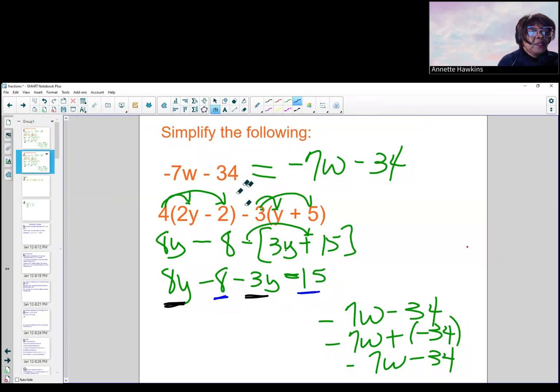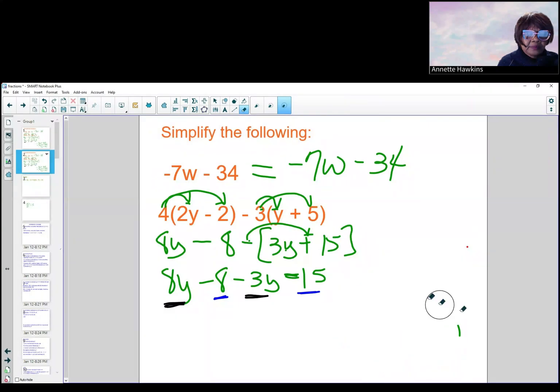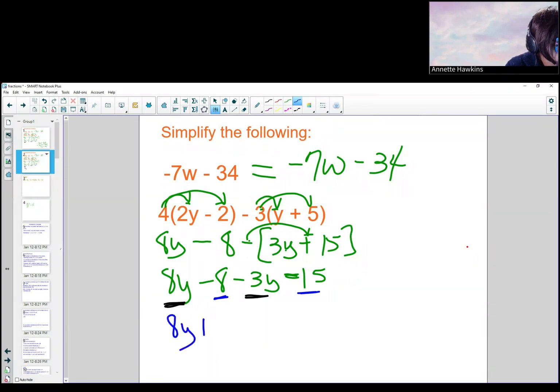By the definition of subtraction, add the opposite of what's being subtracted.